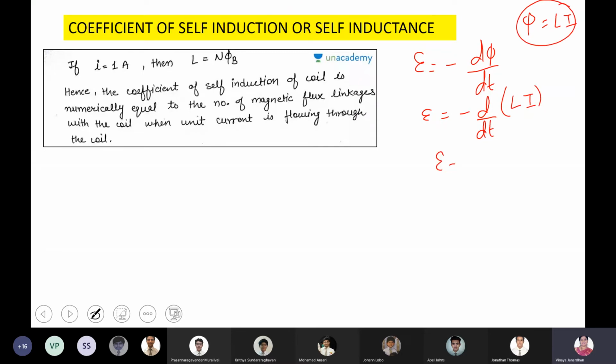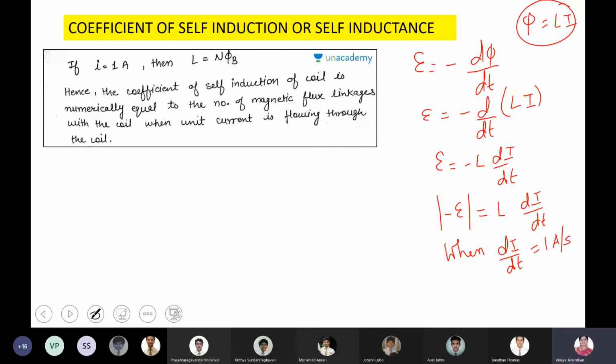So E is equal to minus L dI by dt, or I can write, taking only the magnitude, L into dI by dt. When the current flowing through the coil is changing at the rate of 1 ampere per second, when the current increases or decreases by 1 ampere every second, then your coefficient of self-induction L is numerically equal to the magnitude of the EMF induced.